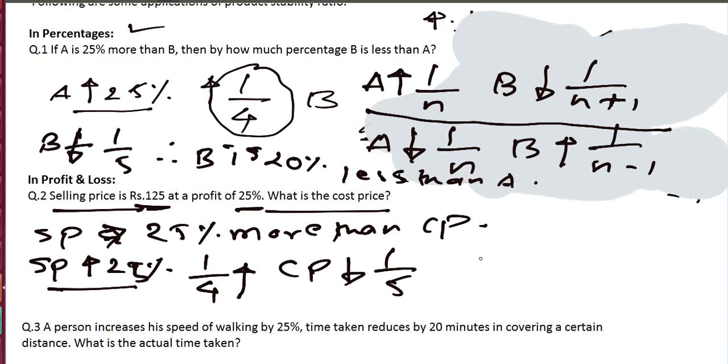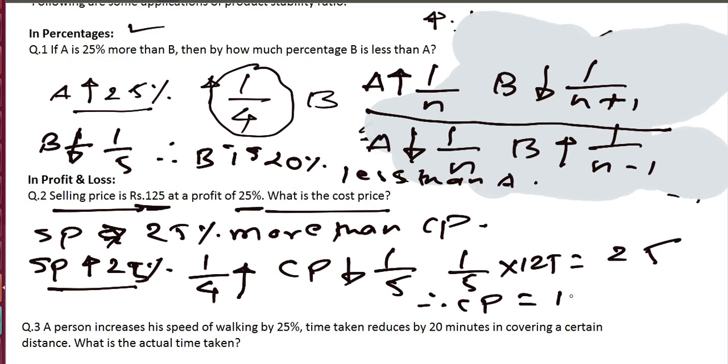So CP is 1/5 less of 125. So 1/5 of 125 is nothing but 25, right? So therefore CP is 25 rupees less than SP. That means CP is equal to 125 minus 25. That is nothing but 100.